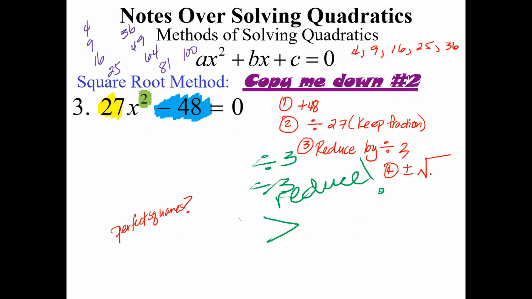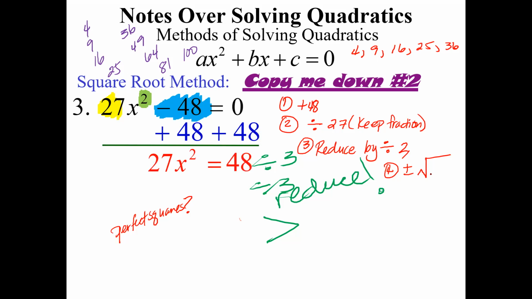Let's go over example 2. 27x squared minus 48 equals 0. The first thing we're going to do is add the 48 on both sides. After which, we're going to divide by the 27. Now with this one, notice that 48 and 27 are not perfect squares. So let's divide them.